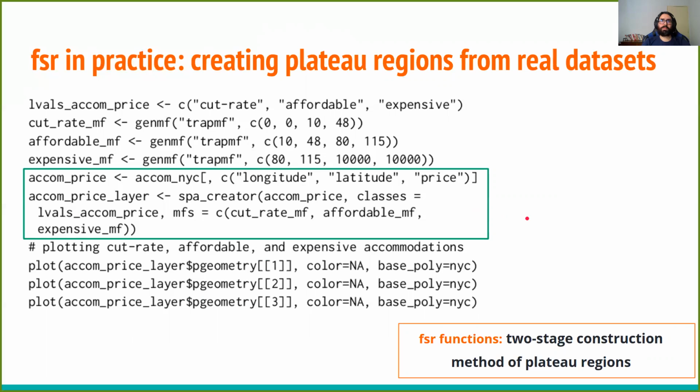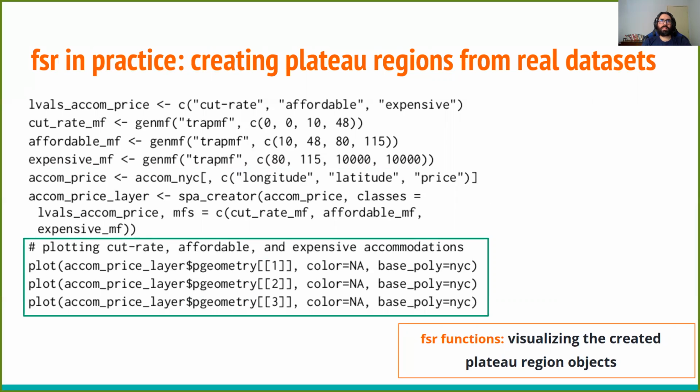Next, we call SPA-Creator to build plateau regions by taking a data frame as first input. The SPA-Creator implements a two-stage construction method that builds fuzzy spatial objects from a set of point objects. More details about this method are given in the paper.